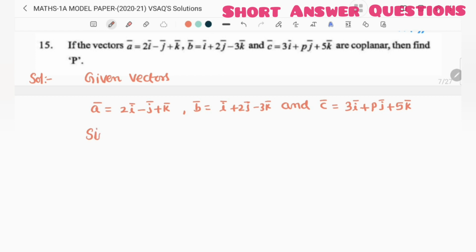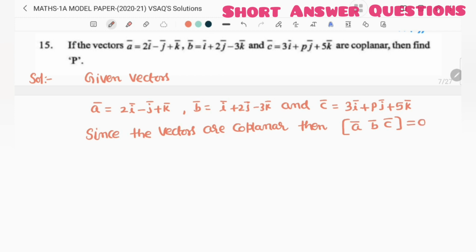Since the vectors are coplanar, then we have box product of a bar, b bar, c bar equal to 0.